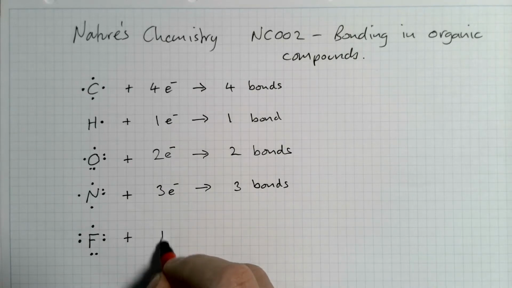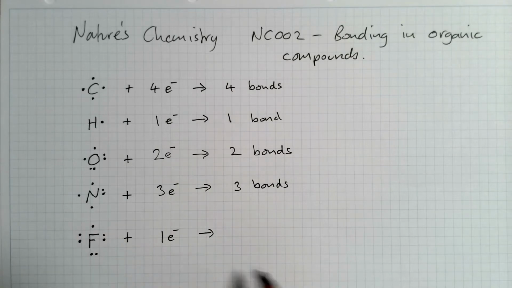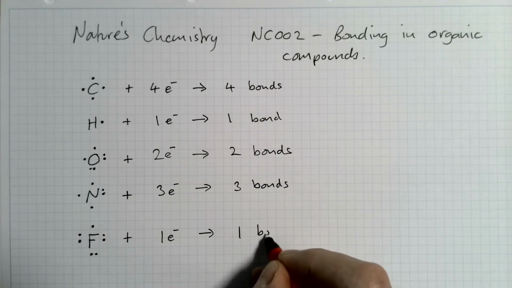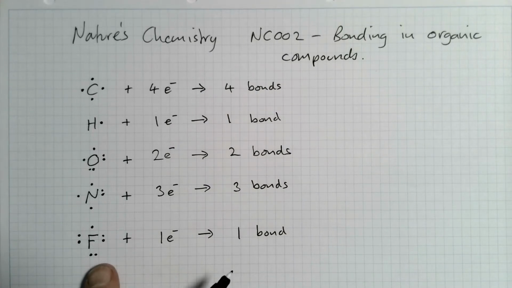So that gives us 1 electron that we can add to this. It gets them up to 8, which is the magic number, and they make 1 bond. Now, chlorine, iodine, and bromine do the same thing as fluorine. I don't need to write them all in.